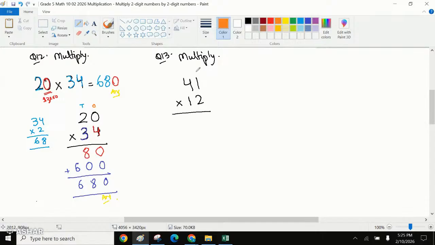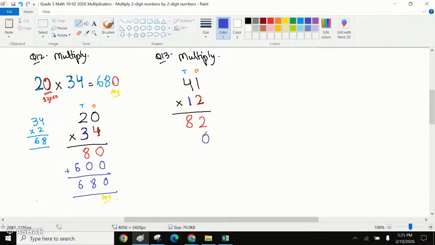So we know that this is ones, this was tens. So when the ones, 1 multiplied by 2 was 2, right? And 2 multiplied by 4 was 8. Agreed? Then we multiply the tens.